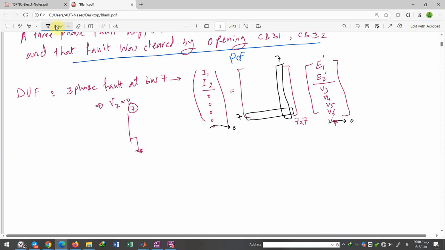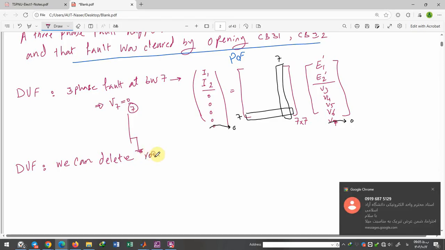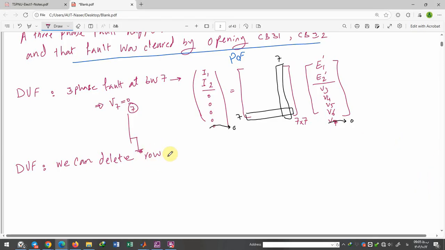So in during fault we can delete row number 7 and column number 7, and we have Y bus stability during fault as dimension of 6 by 6.